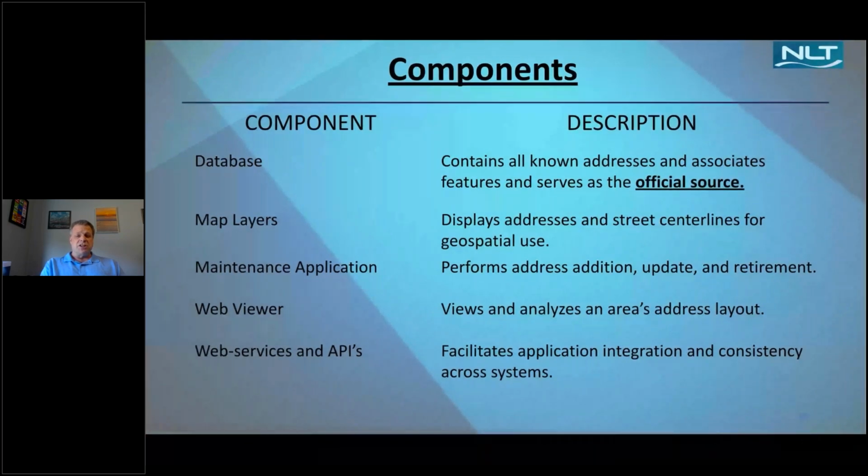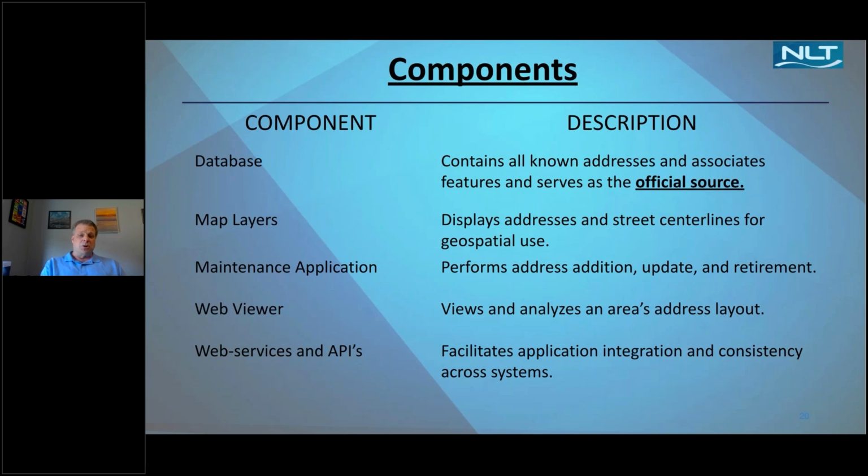An organization, typically a local government, will know where the official addresses and the related information are, as opposed to having multiple address sources spread across several departments or organizations and having to figure out differences and dedupe and things like that. So the database is probably the critical aspect of this.